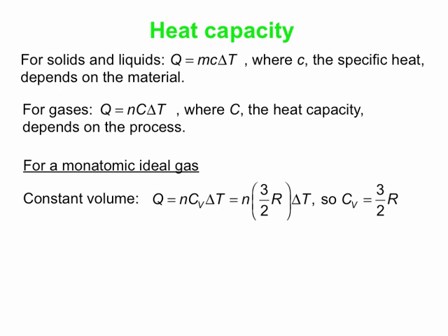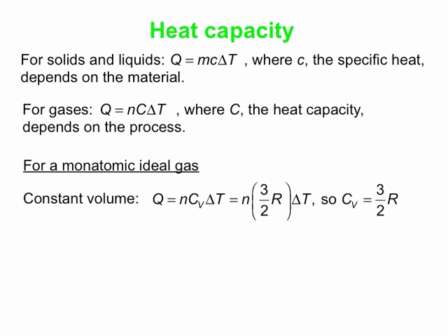For a monatomic ideal gas, we actually showed previously that the amount of heat is 3/2 nR delta T. So in this case we compare N Cv delta T to N 3/2 R delta T, and we find that the heat capacity at constant volume for a monatomic ideal gas is 3/2 R. So if you go back and think about what we did for solids and liquids, we have a constant, the specific heat, that depends on the material.